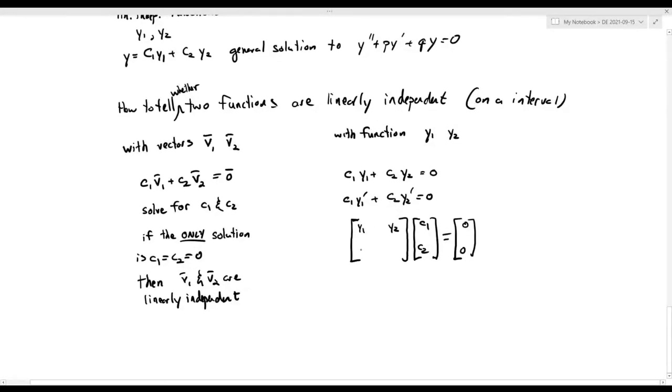Yeah, we have y1, y2 in the first row, and then the derivatives of them in the second. Okay. So now you see that, yeah, we can now use linear algebra to solve for C1 and C2. And we're looking, to get linear independence of the two functions, we want the only solution for C1 and C2 to be that they both must be zero. We're looking for a unique solution.